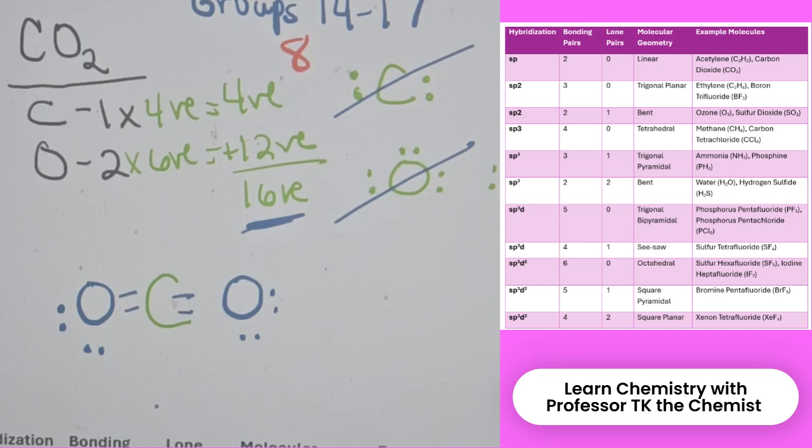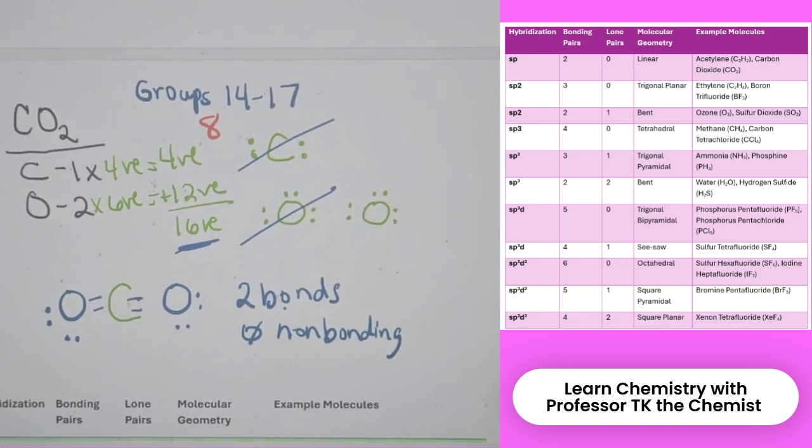Now, the element in the middle has 2 bonds attached, which is basically the oxygens. There aren't any lone pairs of electrons. Lone pairs meaning the 2 that are hanging out at the very top or at the very bottom. There aren't any. So because you have 2 bonds attached, 0 non-bondings, let's see what our shape is according to what we just did.